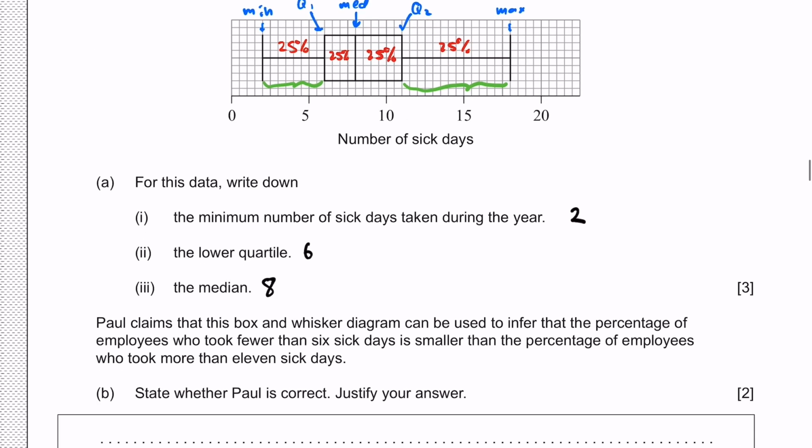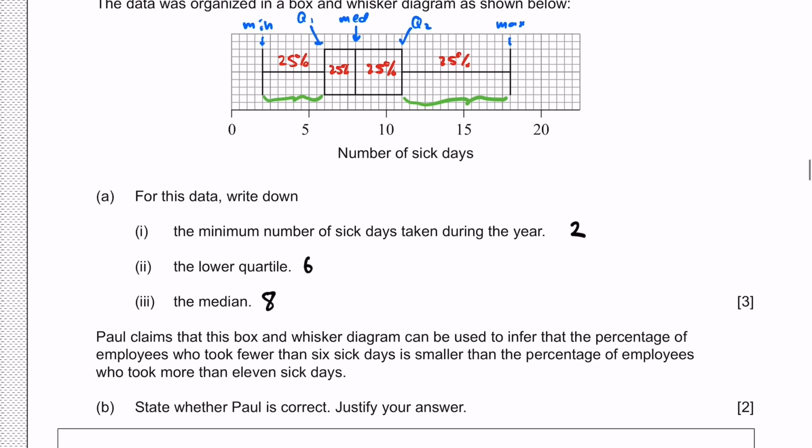So can we say that the percentage who took fewer than 6 sick days is smaller than the percentage of employees who took more than 11? No, 25% of our employees took fewer than 6, and 25% took more than 11. The distribution is wider, that is to say there's a greater range within this set, but in each case, it's 25% of the employees.